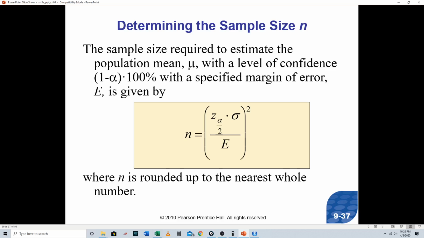Let's say we survey whether people actually like pineapple on their pizza or not. Yes or no, pineapple, yes or no. So we go out and we survey people, and I want a margin of error for the true population mean of how many people like pineapple on their pizza.